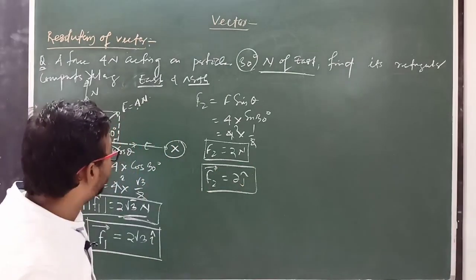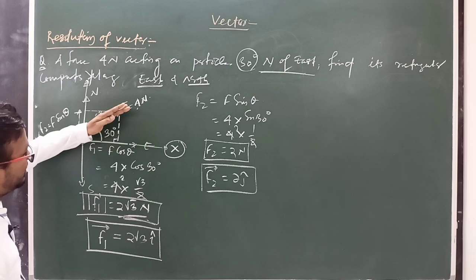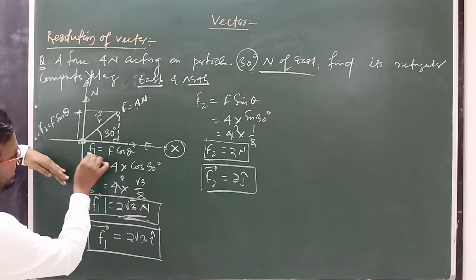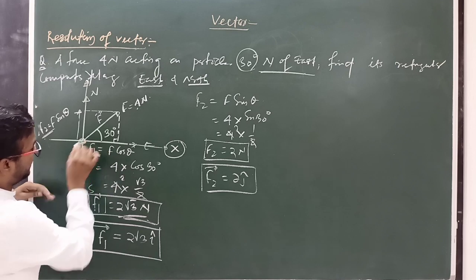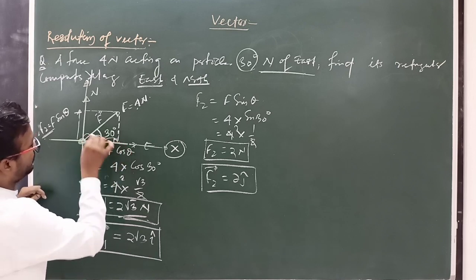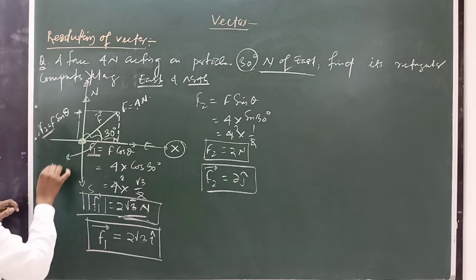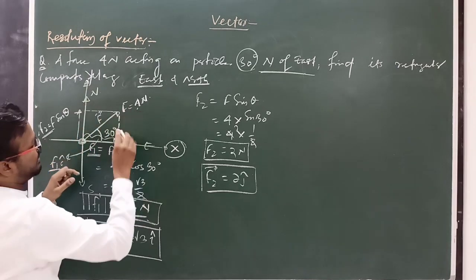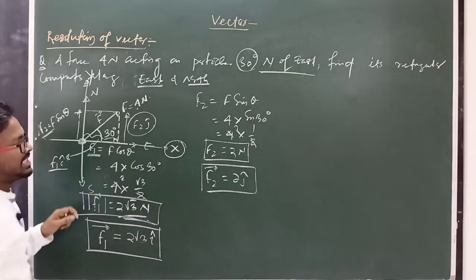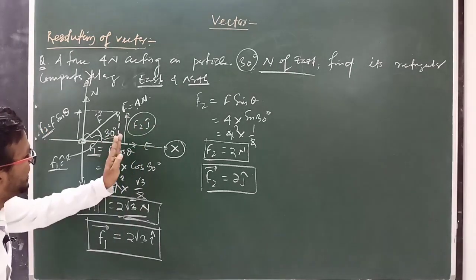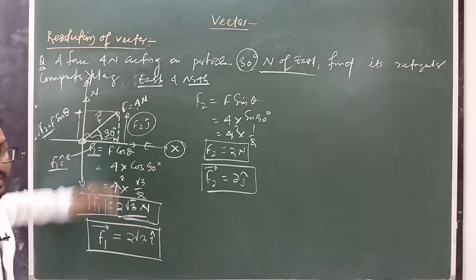We already discussed that this is the resultant vector, and its components are F1 and F2. This component can be written as F1 i cap, and this component shifted here can be written as F2 j cap, which give the resultant.